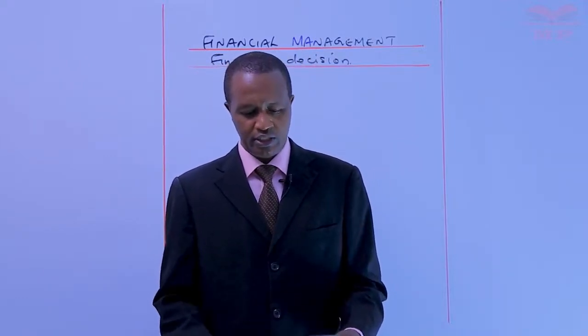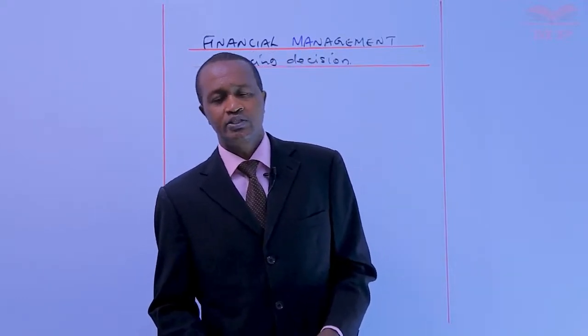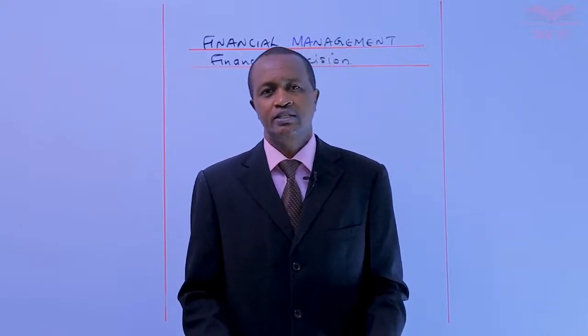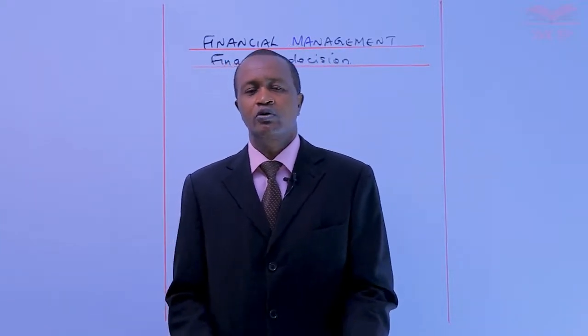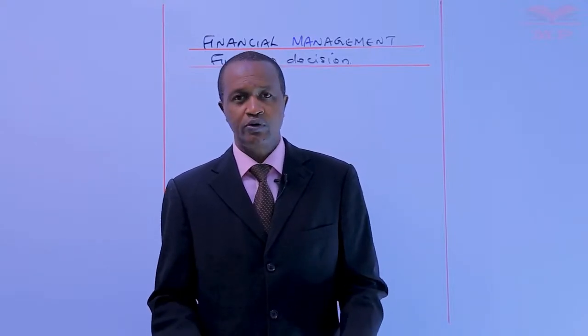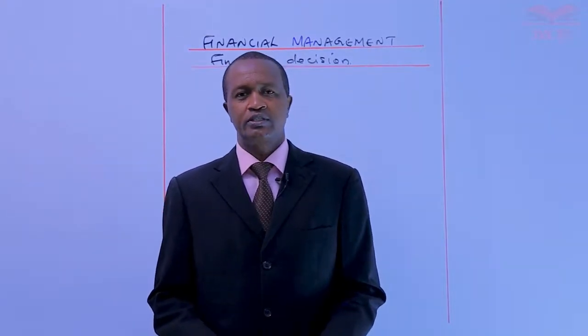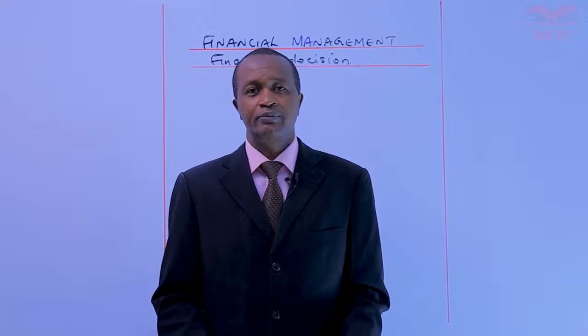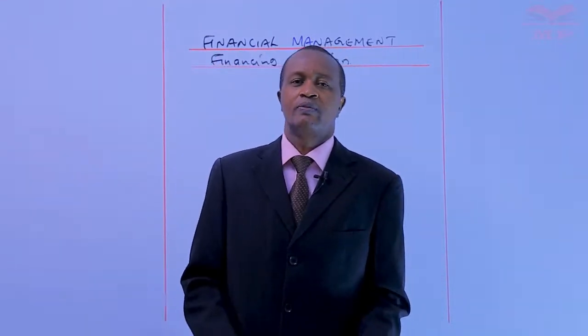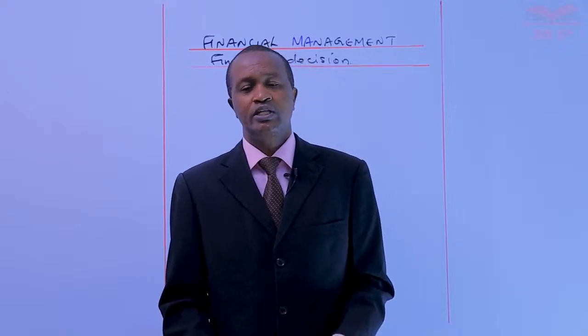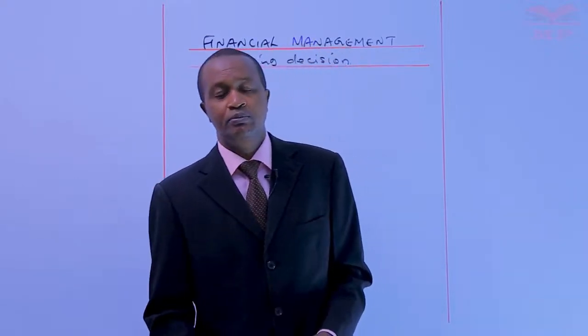Candidates will recall that in our first lesson we mentioned that the finance manager performs 4 crucial roles: the capital budgeting decision, the financing decision, the working capital decision, and also the dividend policy decision.